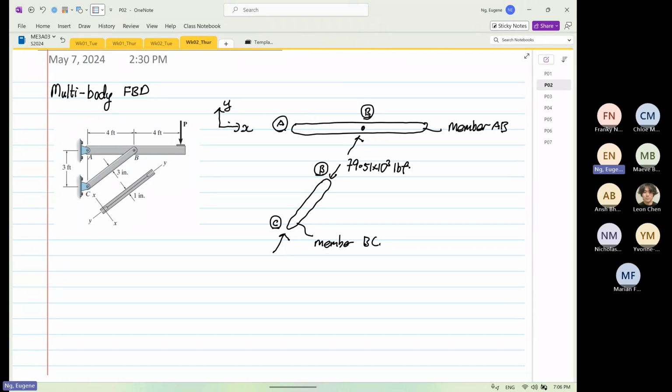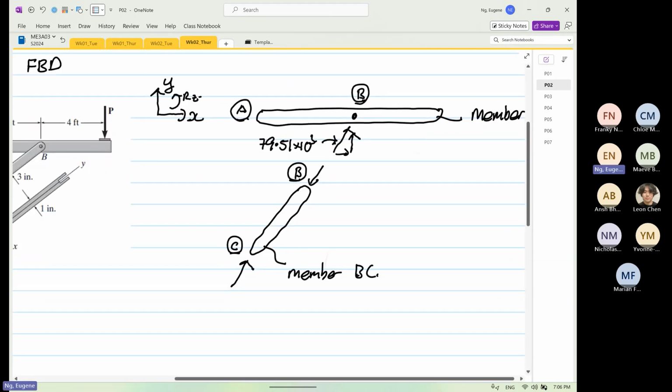This is X, Y, and this is rotation Z. Over here, we know that there's 79.51 times 10 to the power 3. This is the resultant.